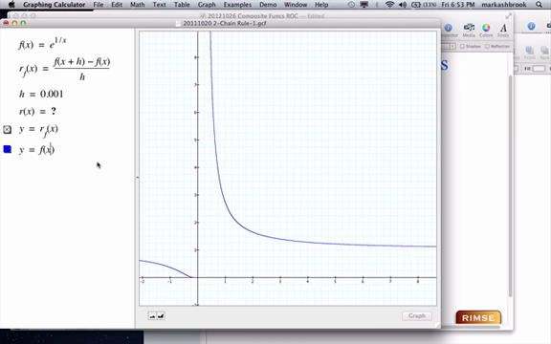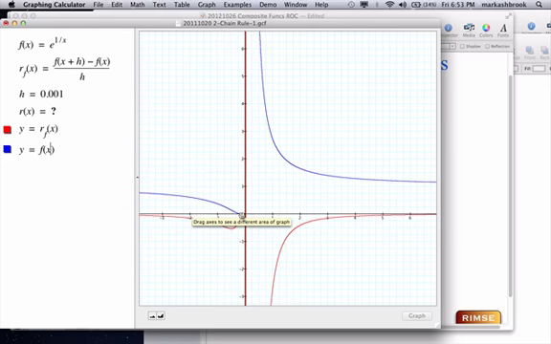So let's move on. So here is e to the 1 over x. I've set up the open form rate of change function given any function f that I put in here. So if I graph the open form rate of change and I've got h plenty small, we can find out if indeed the rate of change function for e to the 1 over x is the same as e to the 1 over x. And you see it's quite different.